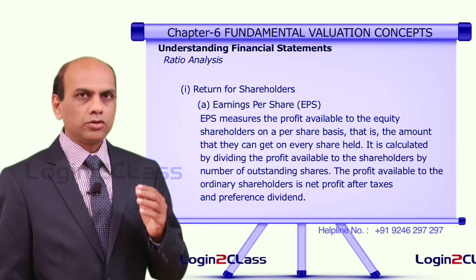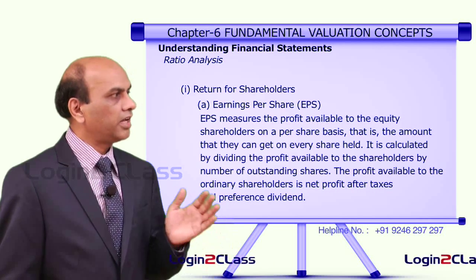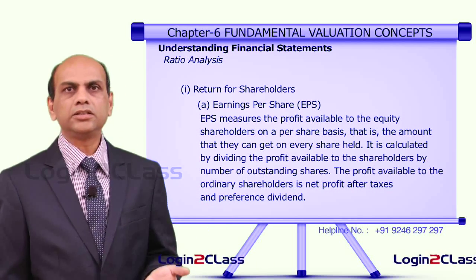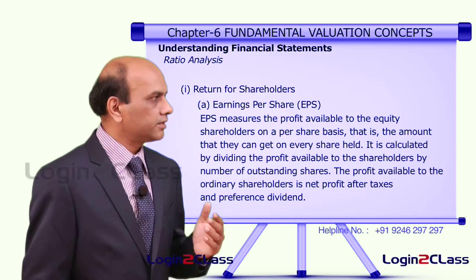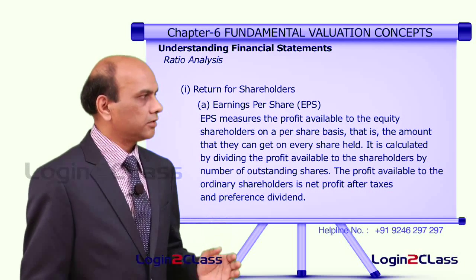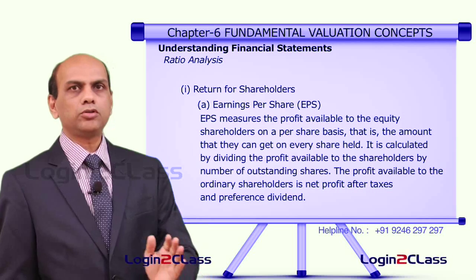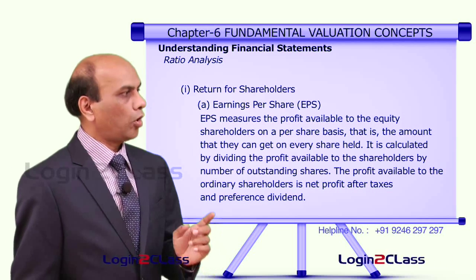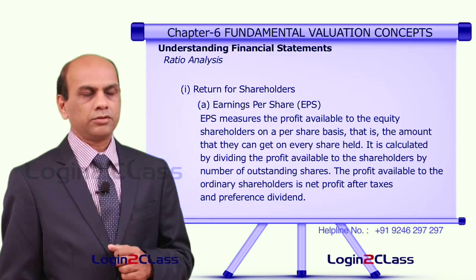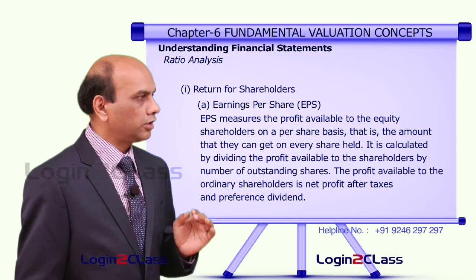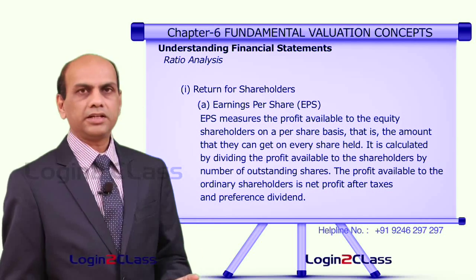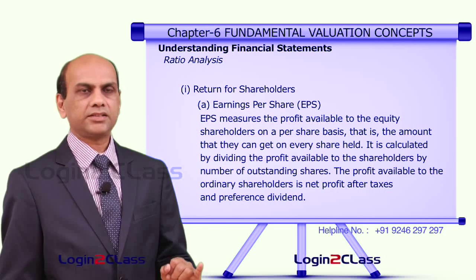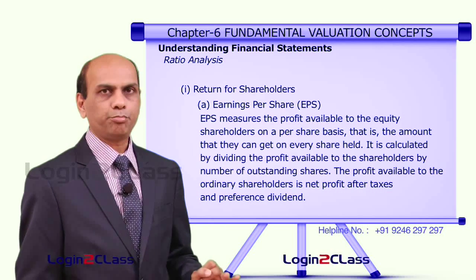That is, the amount they can get on every share they have held in this particular company. It is calculated by dividing the profit available to the shareholders by the number of outstanding shares. The profit available to the ordinary shareholders is the net profit after taxes and after preference dividend is paid.